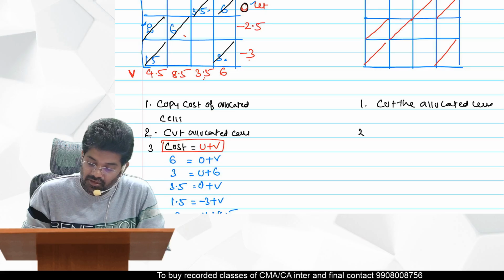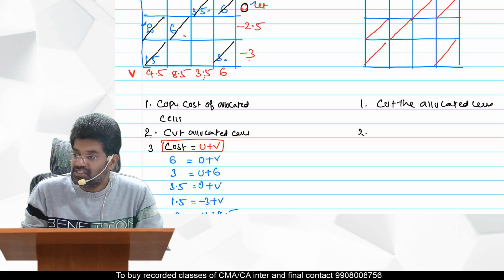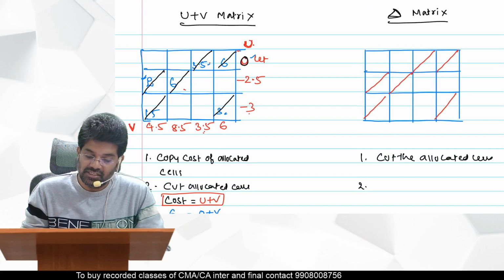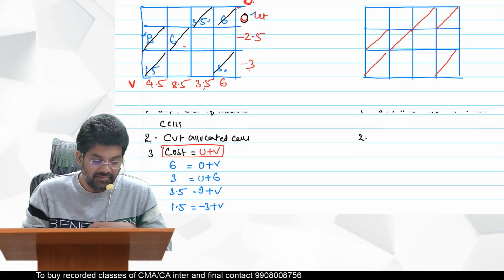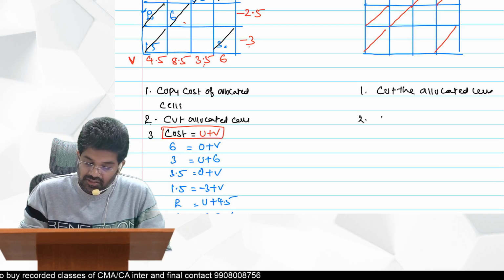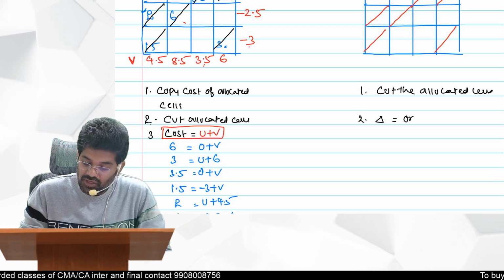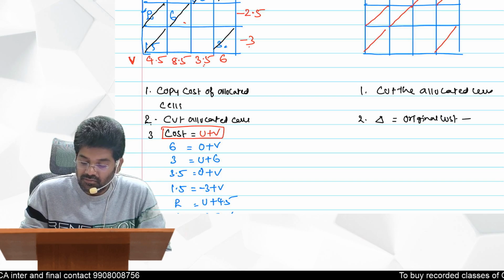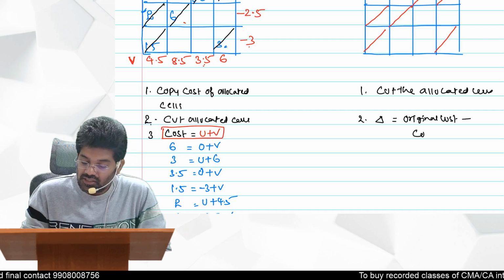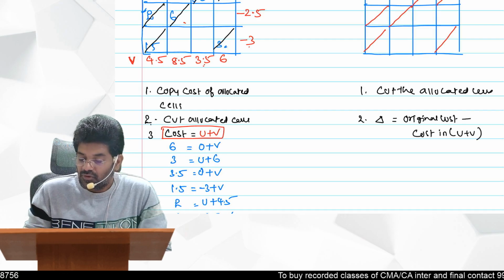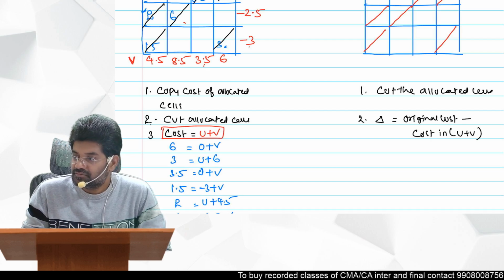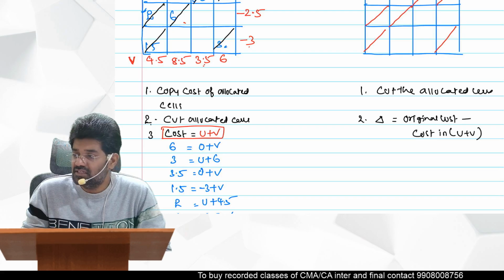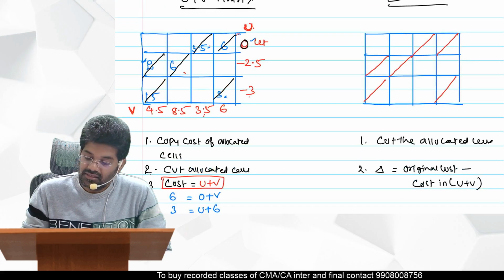Then step number 2 is to calculate the change values for the unallocated cells. Change is equal to original cost minus the cost in u plus v.